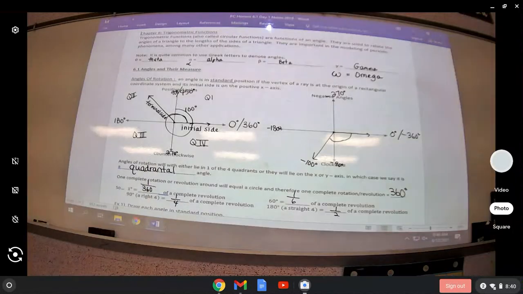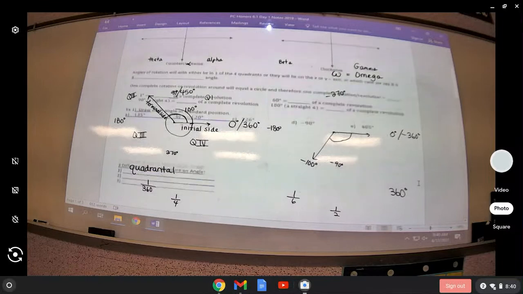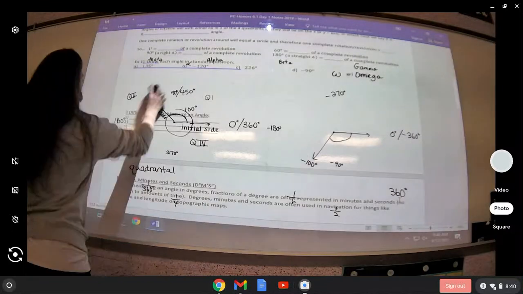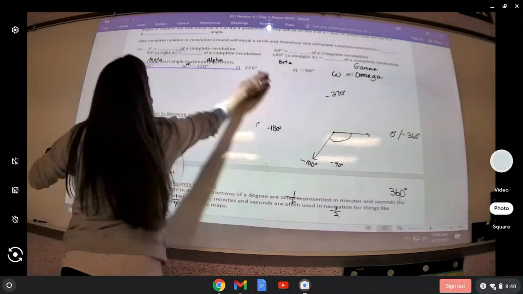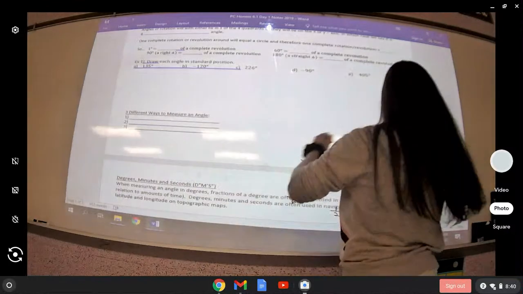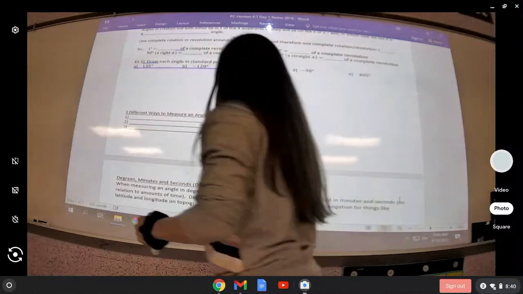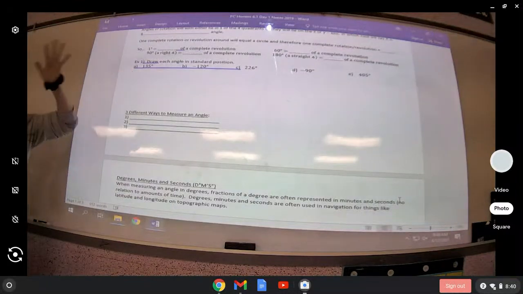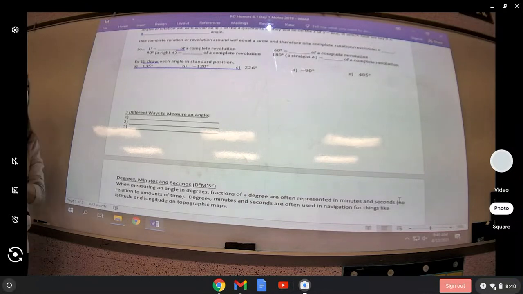All right, let's draw some angles just to get the feel for it. All right, so guys, draw each angle in standard position. You're just going to do an estimate. So maybe yours will all look a little bit different. It's really just as long as you're in the right quadrant, you're going to be fine. So they want you to draw an angle that is 135 degrees.